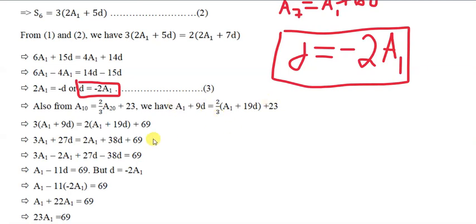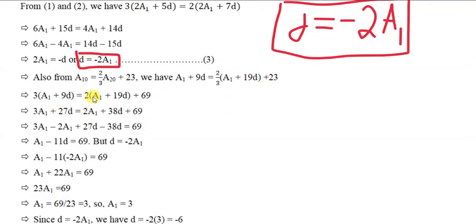Multiply the left expression by 3 times a1 plus 9d, and multiply the first part on the right by 3, then 3 cancels 3, so 2 times a1 plus 19d, and multiply the 23 by 3 as well, because we multiply both sides by 3. Therefore 23 becomes 69.